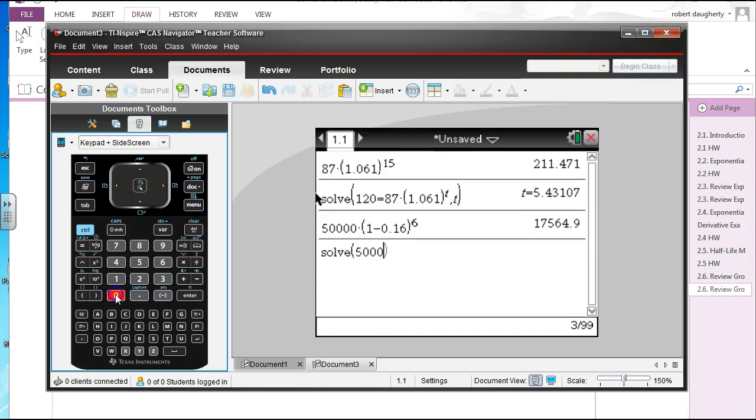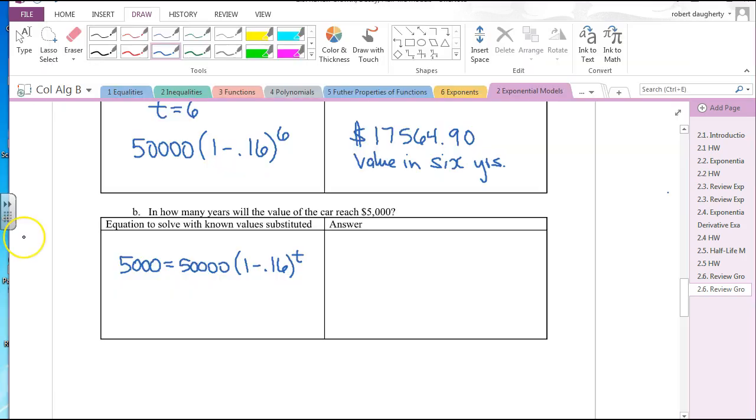So 5,000 equal 50,000 times 1 minus 0.16, and all of that is raised to the t power, and I need to solve this for t. And when I do that, 13.2. So 13.2 years to reach the value of 5K.